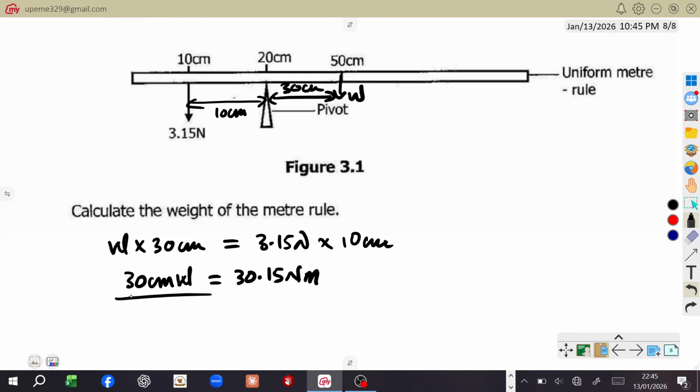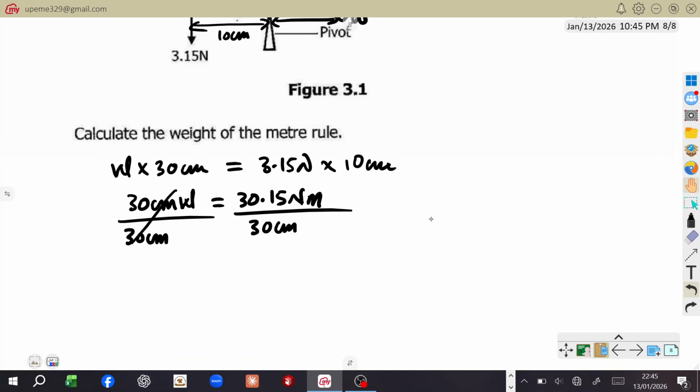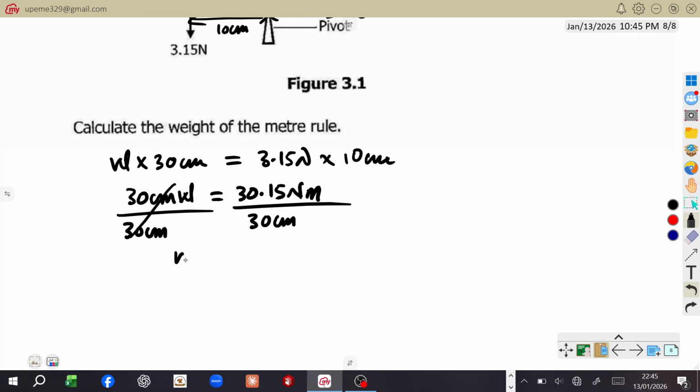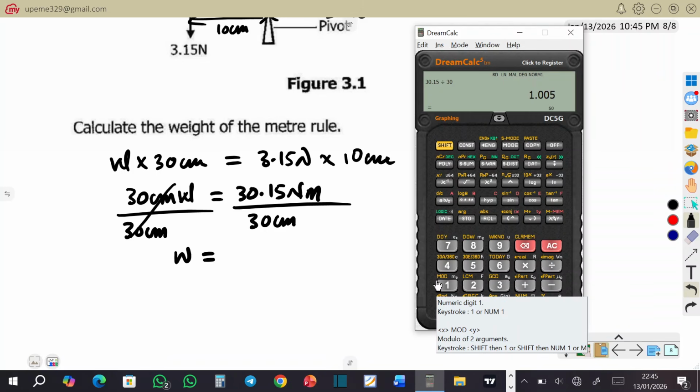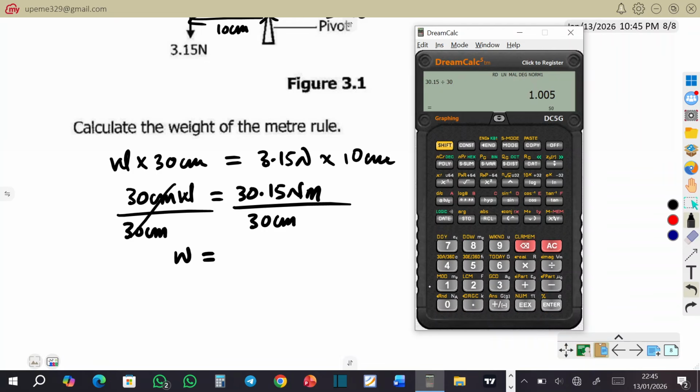So divide by 30 centimeters, also here 30 centimeters. So that goes, so that we remain with W weight is equal to, say, 30.15 divided by 30, we'll get 1.005 Newtons.